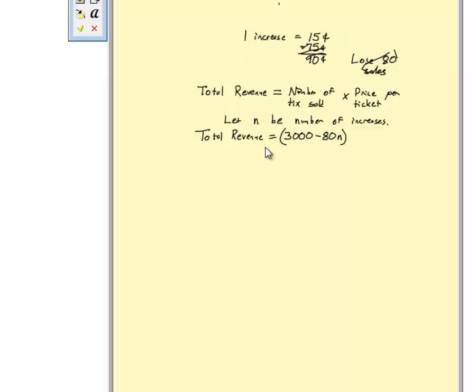When N equals 1, that would mean we're going to have one ticket price increase like we said up here. 2 would be a 30% increase, and we'd lose 160 customers.